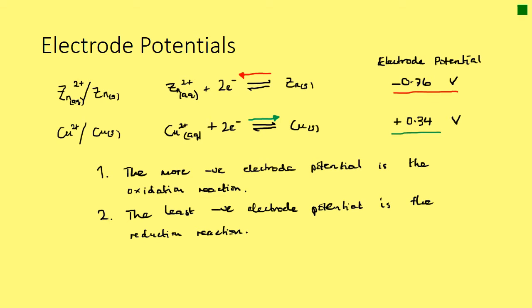So let's write down a couple of rules. It's really the same rule written in opposite directions. So the rule is this: the more negative electrode potential is the oxidation reaction.